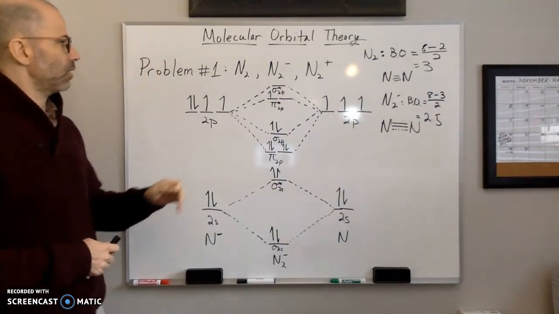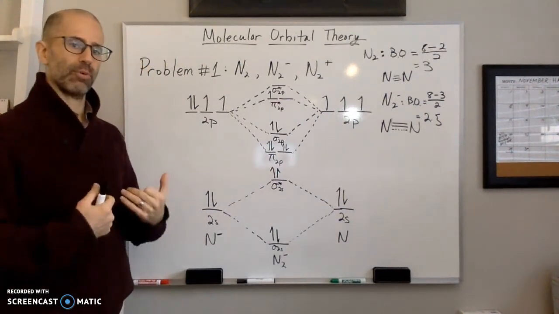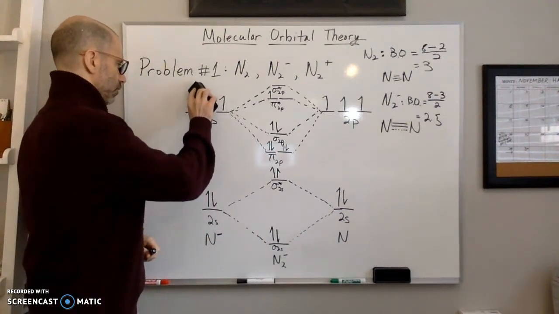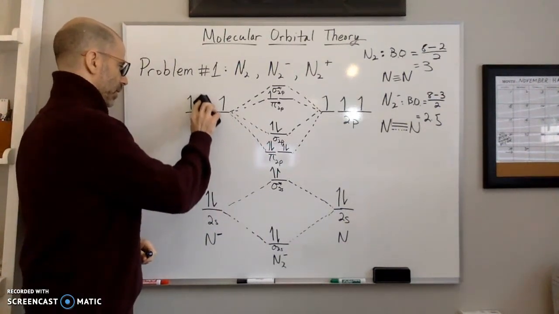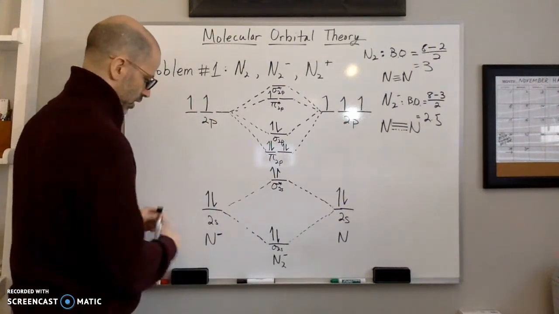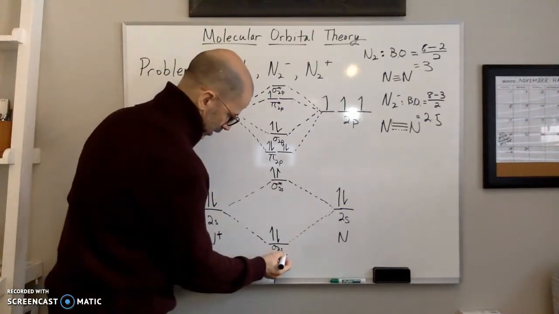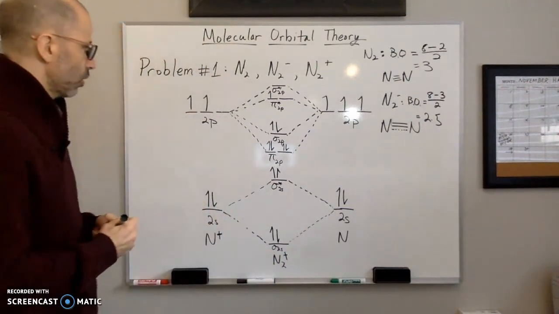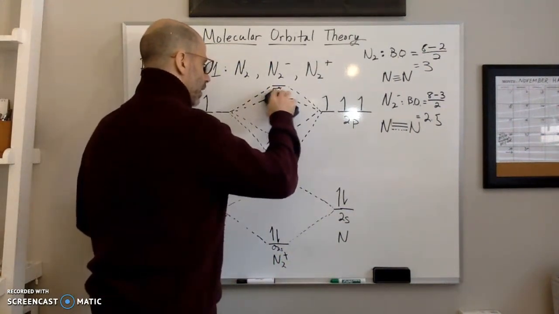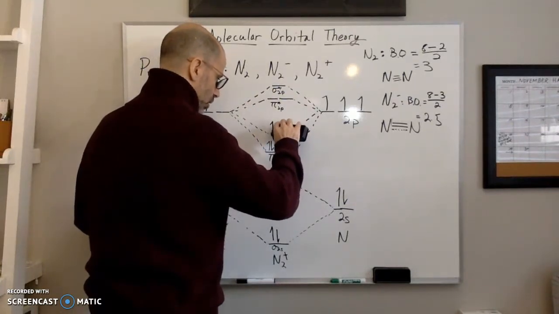All right, now what about N2 plus? In that case, instead of gaining an electron, we lost an electron. So instead of pairing up an electron, we lost one. Here we have a plus sign, and so we won't have this electron here; we're going to lose an electron there.